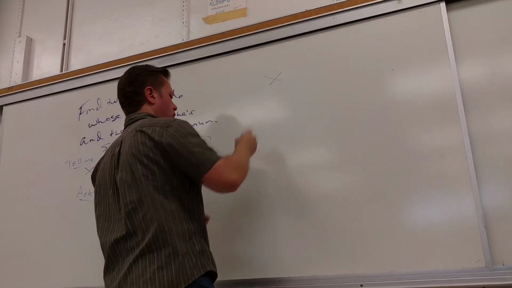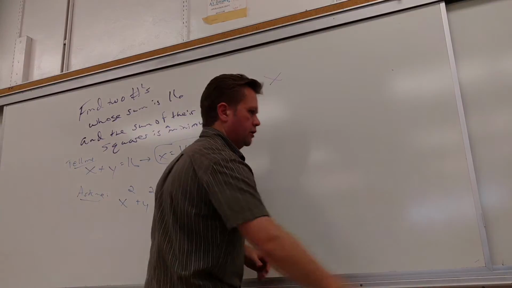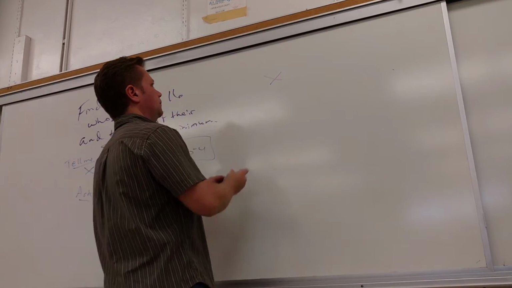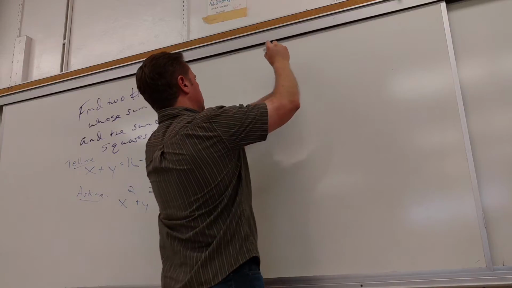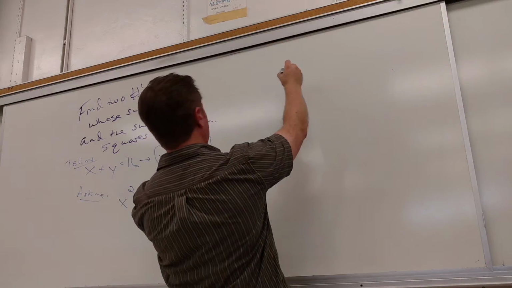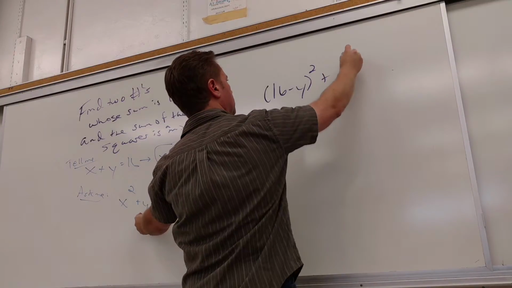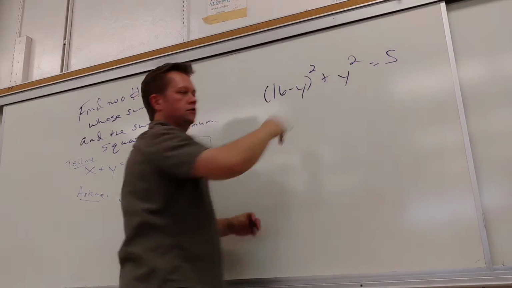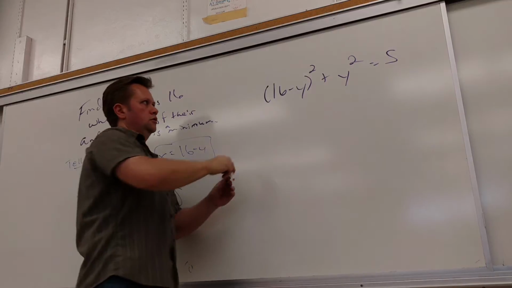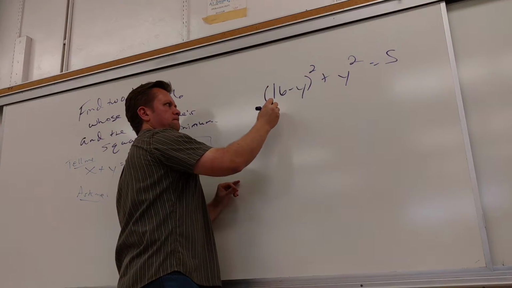So here's the function I'm working with. I've got x squared, which will be (16 minus y) squared, plus y squared, equals whatever you want to call it. Take a derivative, so I get what?